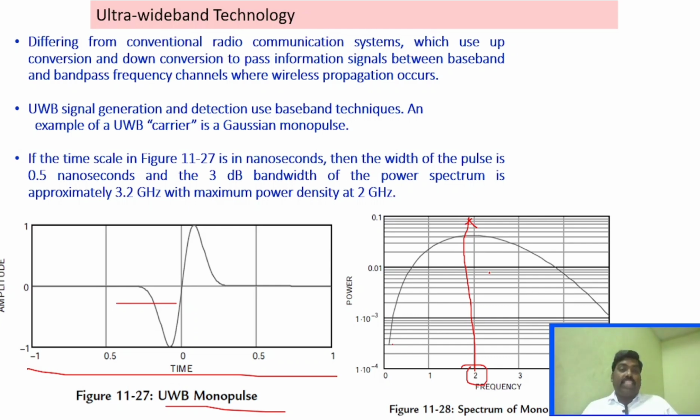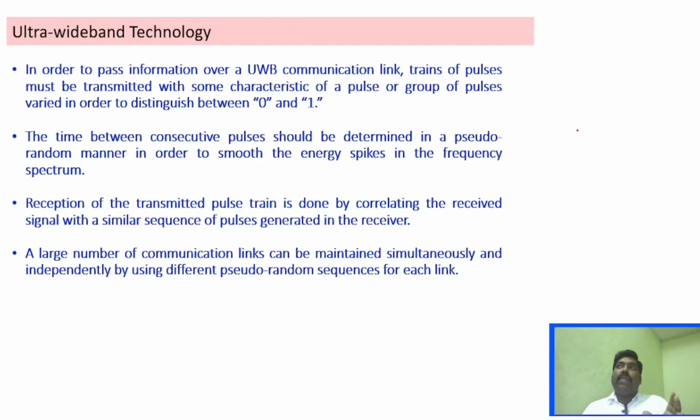Coming to the transmitter and receiver, as I said, the transmission is nothing but transmitting a sequence of pulses at regular intervals, and those intervals are determined by pseudo random codes. Definitely that sequence of pulses will have some variations to understand what is 0 and what is 1, right?